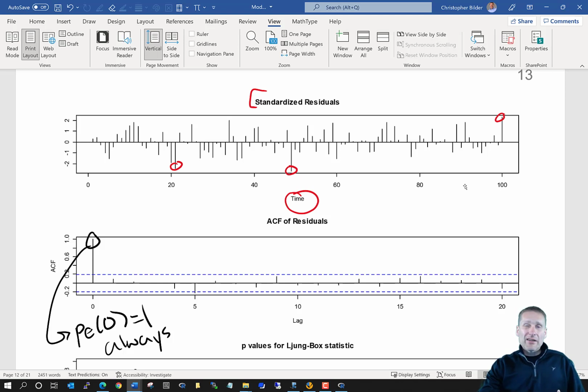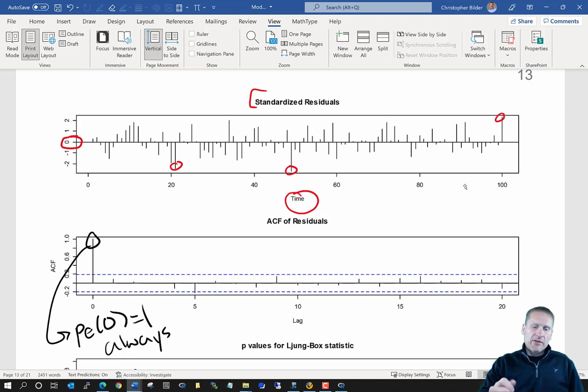Also, they're not too far outside of plus or minus 2. So from this, I can conclude, yeah, it doesn't look like there's any outliers. Also, what I'm looking for in this particular plot is, are there maybe some trends in these residuals? And the way that the plot's drawn, those trends can be evident by comparing everything to 0.